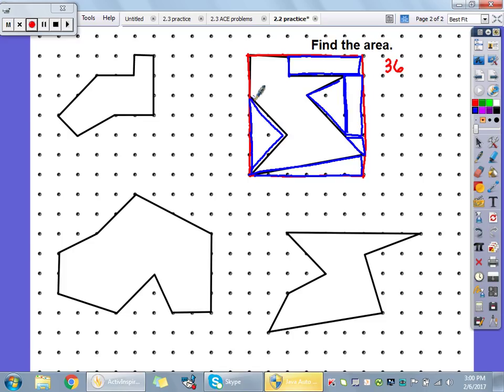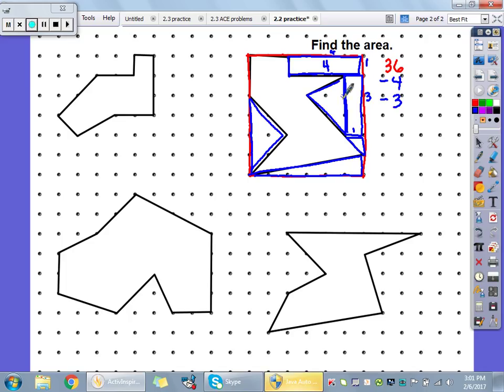So it's just a matter of recognizing what figures are there. This one is 1, 2, 3, 4, 4 by 1. So this area here is 4, so we're going to subtract out 4. This area here is 1, 2, 3. This is 3, this is 1. So the area of this rectangle is 3.